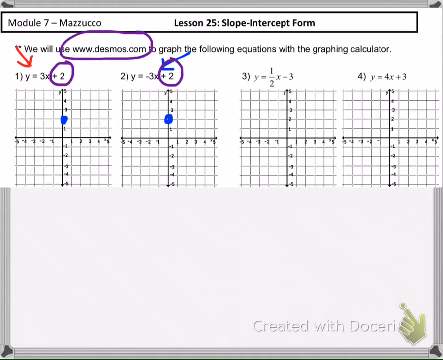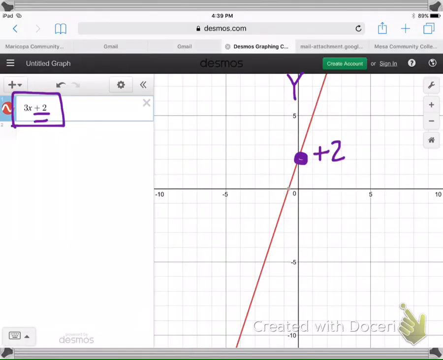Okay, then notice I kept the numbers both 3 here, but one is positive and one is negative. So here it's positive, and if you remember from the last couple lessons, we talked about slope and rate of change, and that number there is positive, and from the left to the right, the graph is going upwards here.